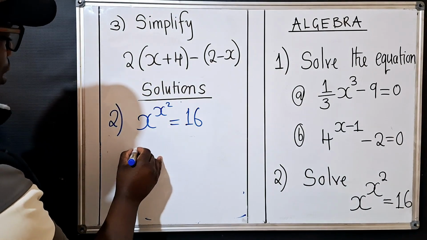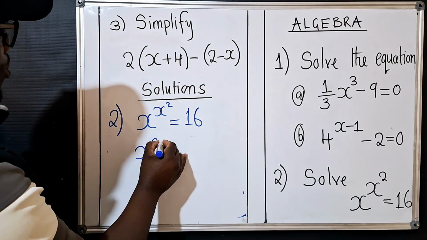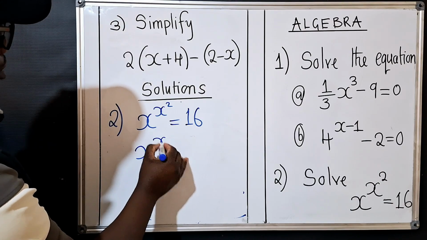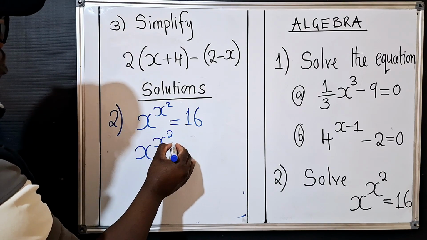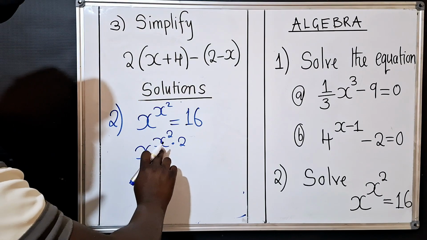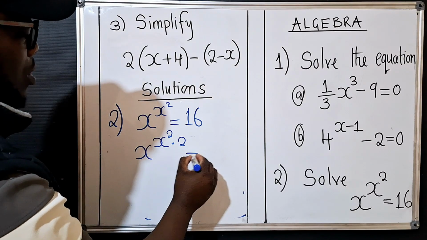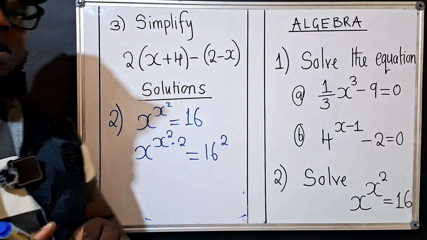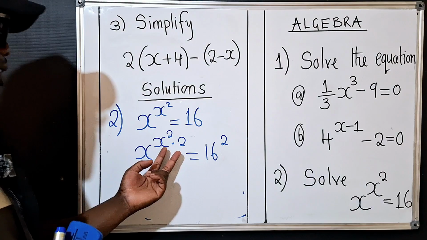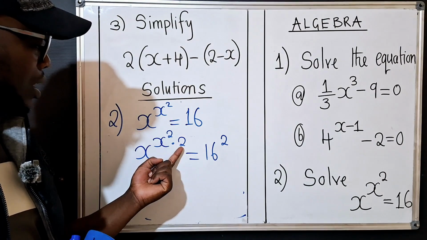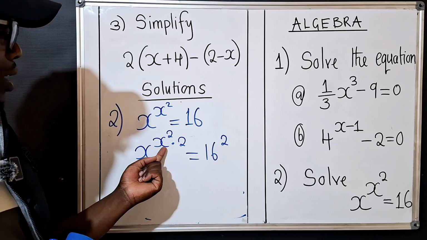So we're going to say x power 2. Actually, before we do that, so that you can understand, we can say power x power 2, and then there will be a power 2 here, so that we can multiply these times this, which is equal to 16 power 2. So let me repeat this. Here, this power 2, which you're able to see, will be multiplied by this power.